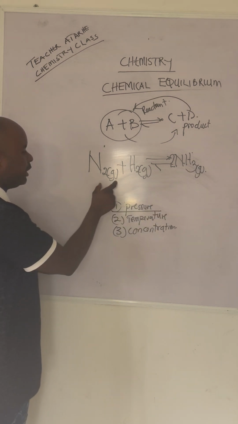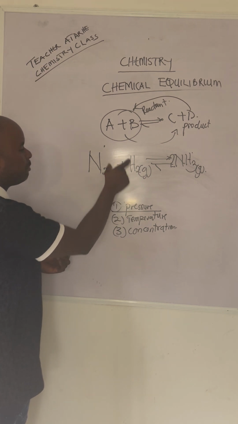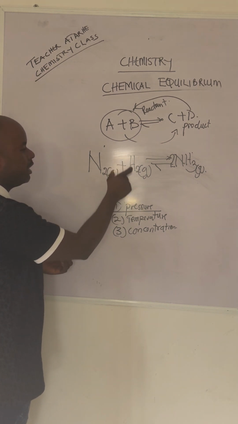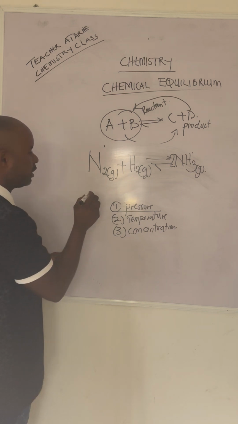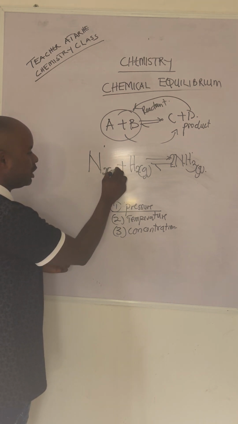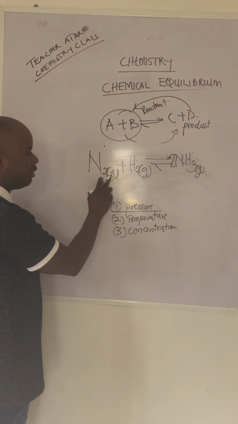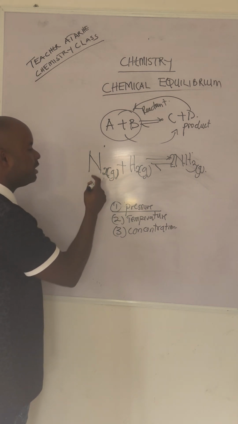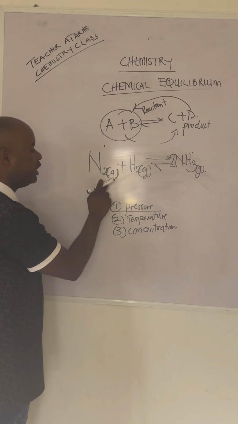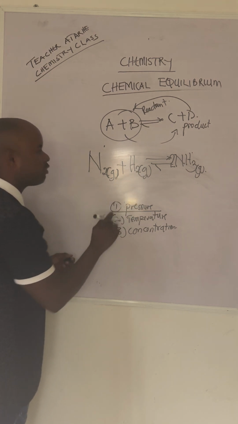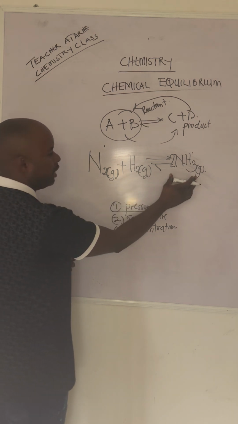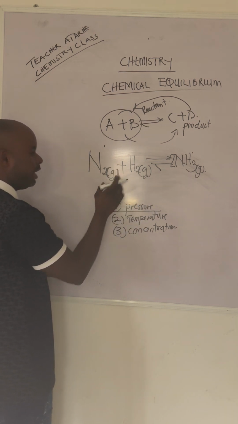One of the participating reactants or the products must be in a gaseous form. And what is a gaseous form? This small g that is written below this chemical symbol means that this species is in a gaseous form. If you check the species that are present now, they are in gaseous form.